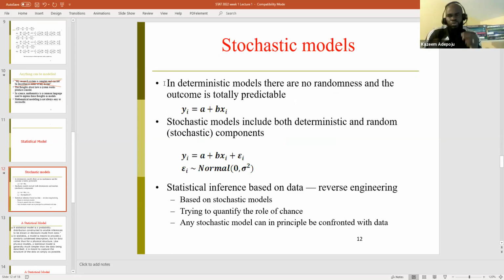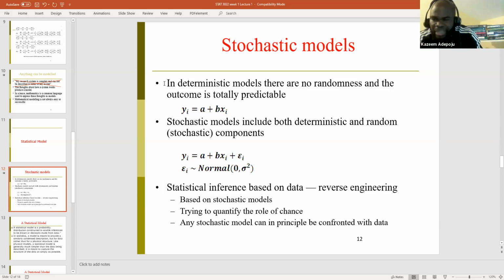When the future state of a system can be predicted from the initial states, that is deterministic in nature. The moment I know the initial state, given a particular initial state, I can actually predict the future state. That is deterministic in nature.